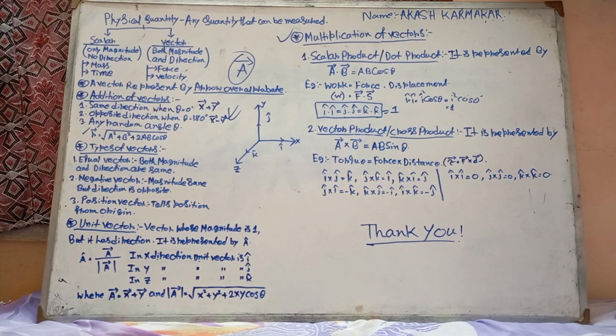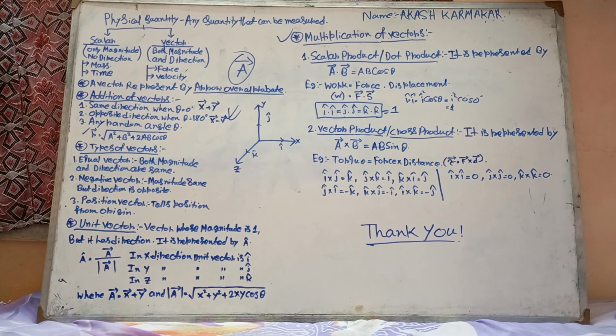Similarly j cap dot j cap and k cap dot k cap, because the angle between them is 0, so cos theta, sorry, cos 0 equals 1 and i cap dot i cap equals 1. And if we take i cap dot j cap or i cap dot k cap, then it gives 0, because the angle between them is 90 degrees.